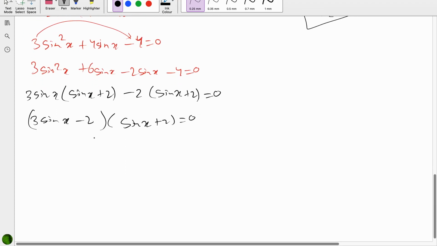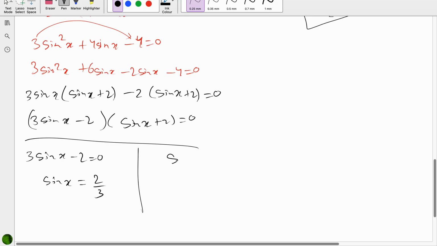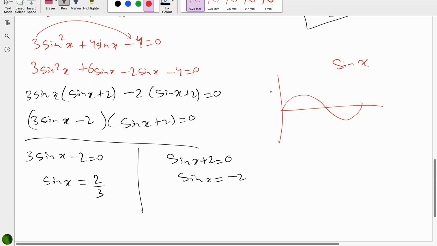Now this is the tricky part. When we solve for this, we know that 3 sine x minus 2 is equal to 0 and sine x is equal to 2 by 3. On the other hand, sine x plus 2 is equal to 0 and sine x is equal to minus 2. Now don't forget what we did in graphs. This was sine x, and we know that sine x ranges from 1 to minus 1, and this is outside 1 and minus 1, so we reject this.